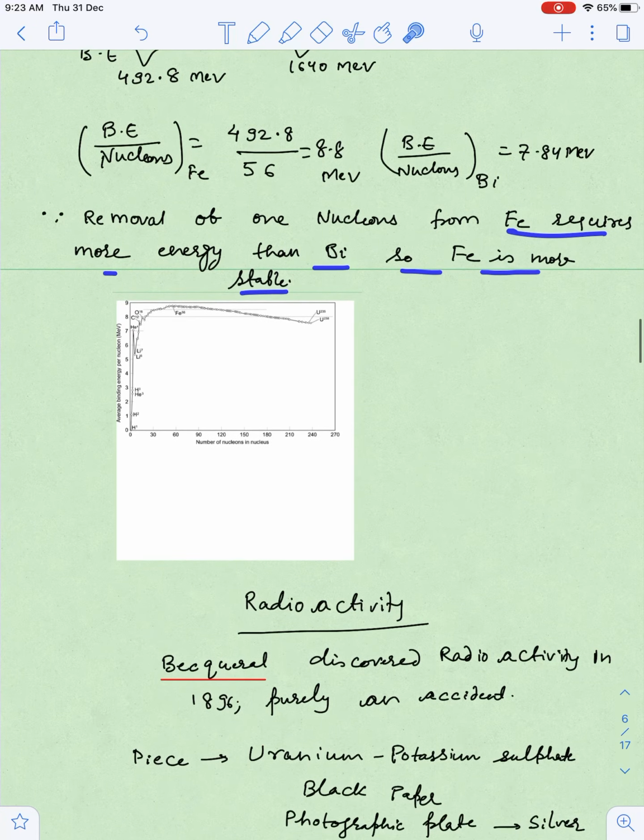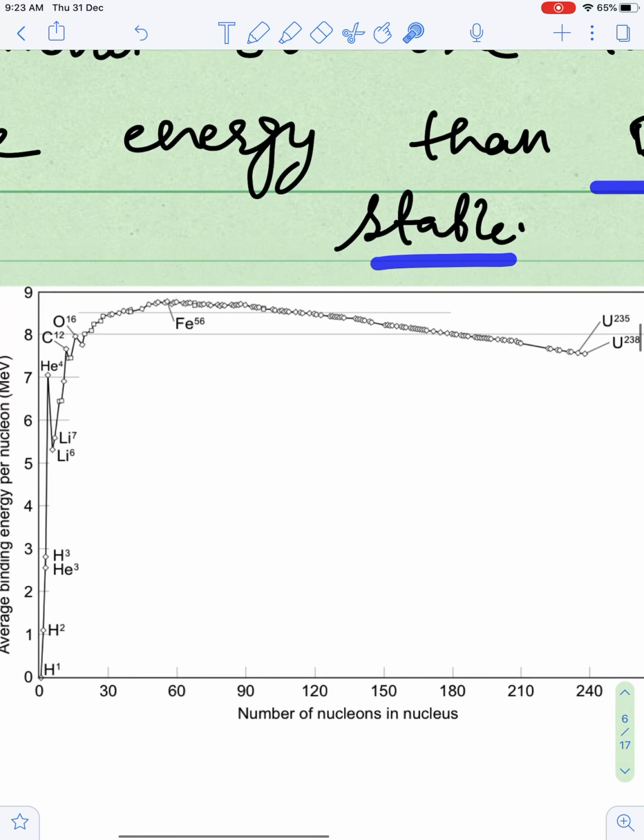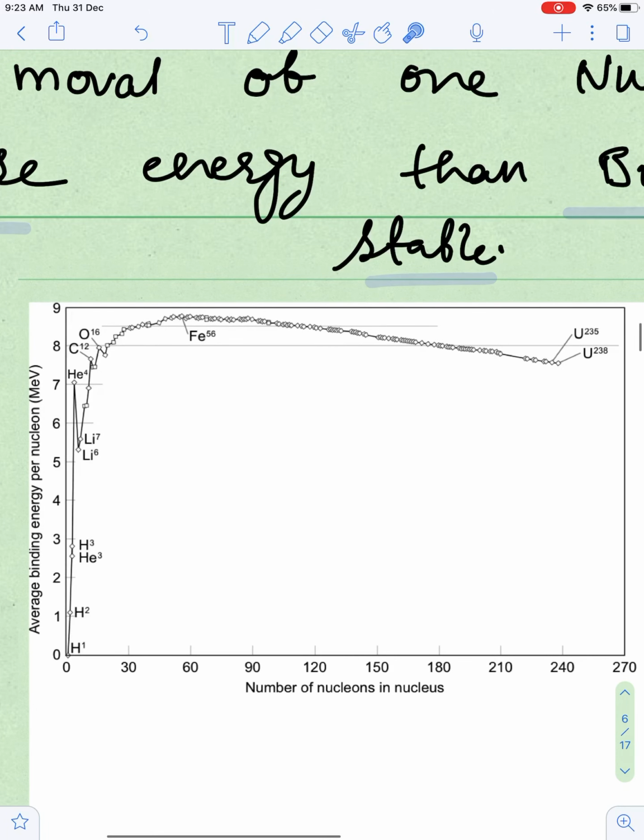Even if I plot the stability curve, the curve of the number of nucleons in the nucleus against binding energy per nucleon, you see that iron is the most stable element in this graph.